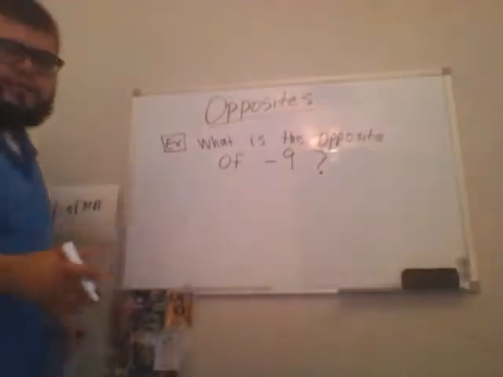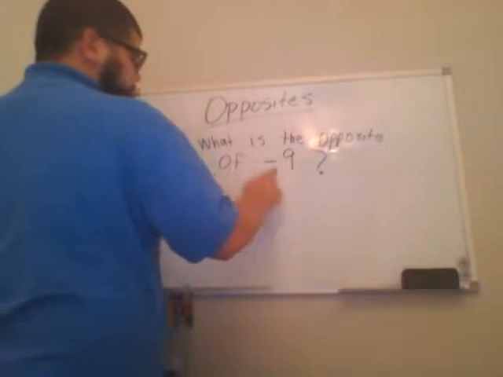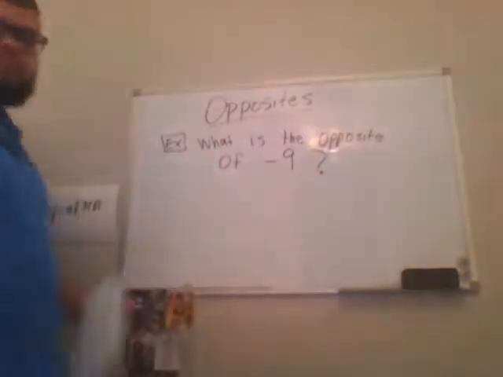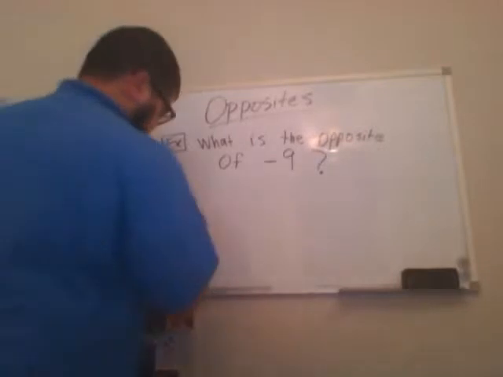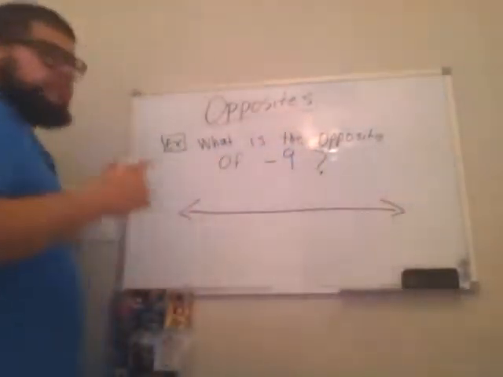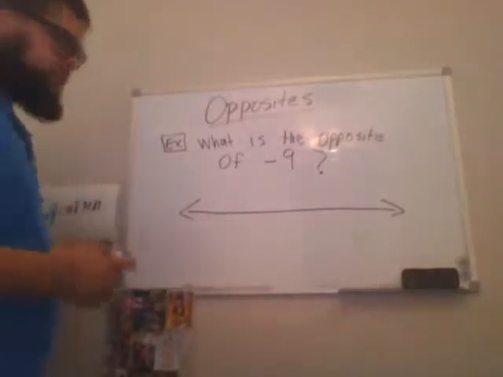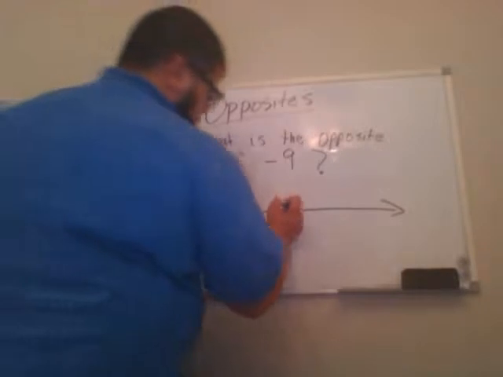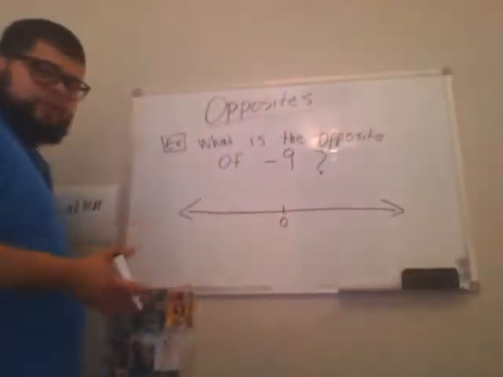So our question is, what is the opposite of negative 9? All right, so let's go ahead and draw a number line. And of course, we could say this right away if we wanted to, but again, we also want to think about this because we're going to use number lines a lot when we're talking about adding and subtracting integers, so we want to make sure we got this down.